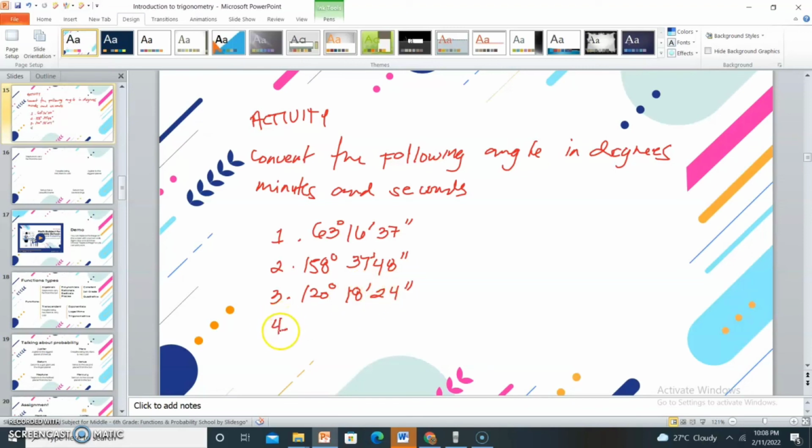Number 4: 98 degrees, 26 minutes, and 38 seconds. And number 5: 148 degrees, 17 minutes, and 36 seconds.